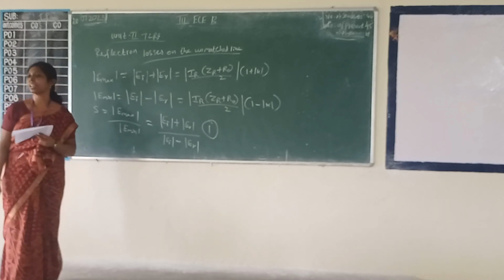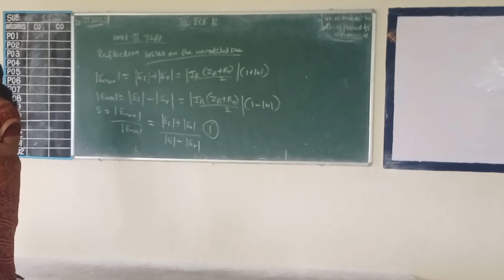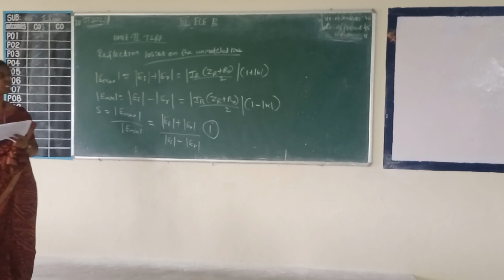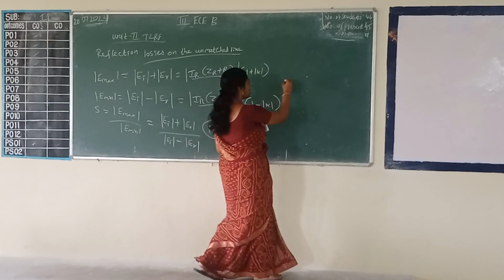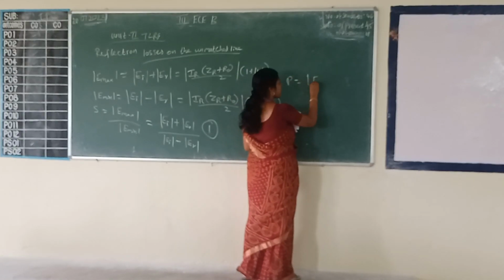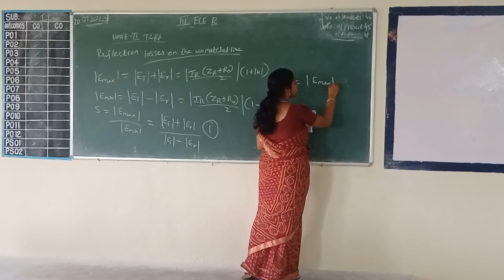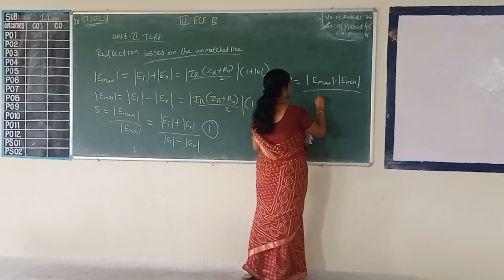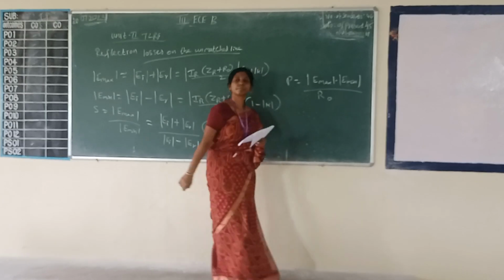Equation 16 gives P is equal to E maximum into E minimum by R.